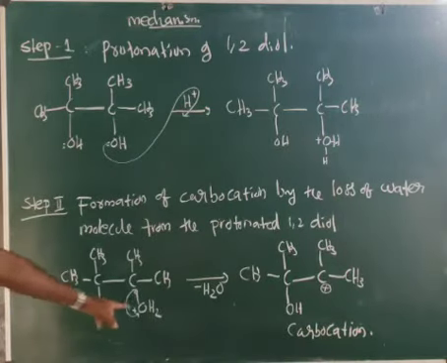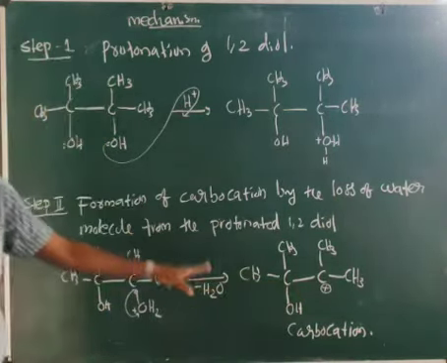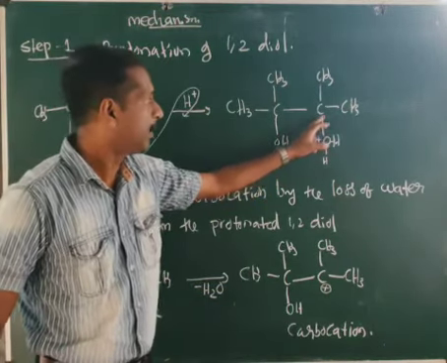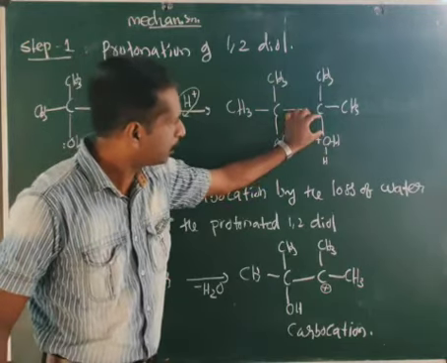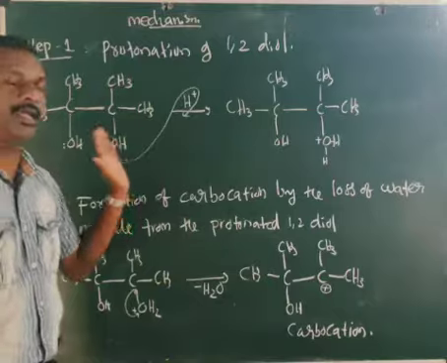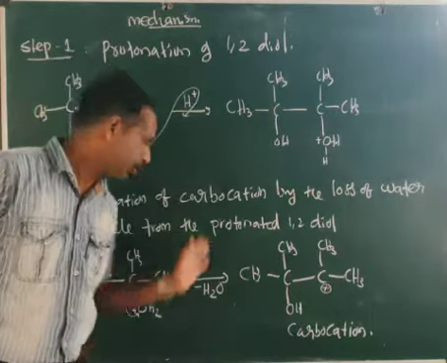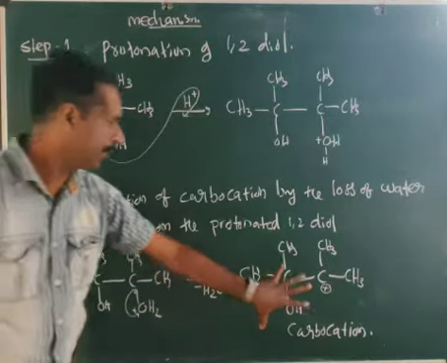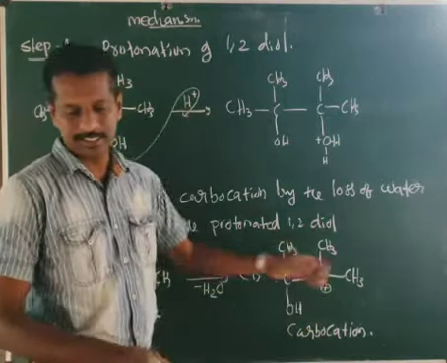Clear? The second step, formation of a carbocation. Since oxygen has a positive charge, the bond breaks from carbon and this pair of electrons moves to oxygen. Therefore, it departs as a separate H2O molecule. Minus H2O is eliminated, and we get a carbocation. This is the second step.